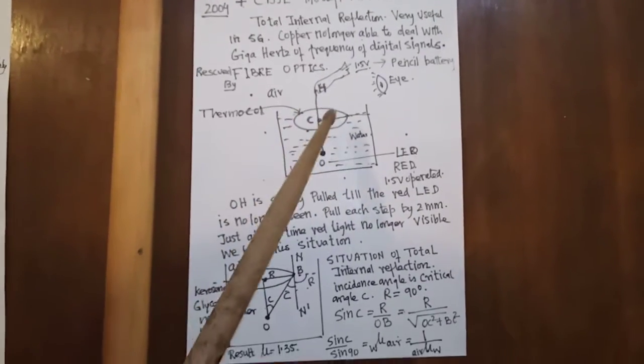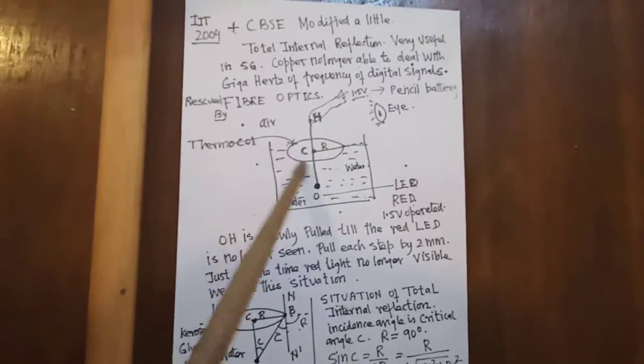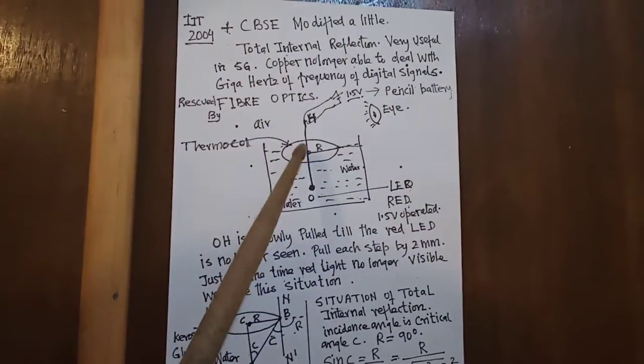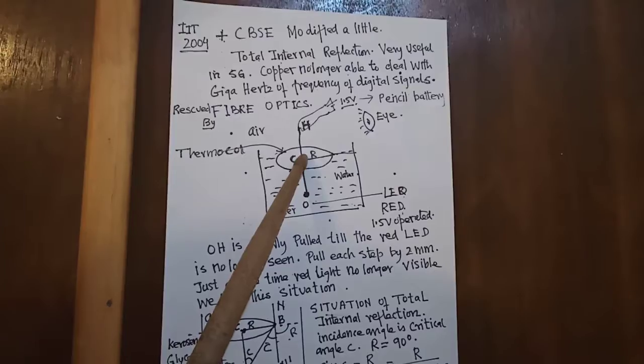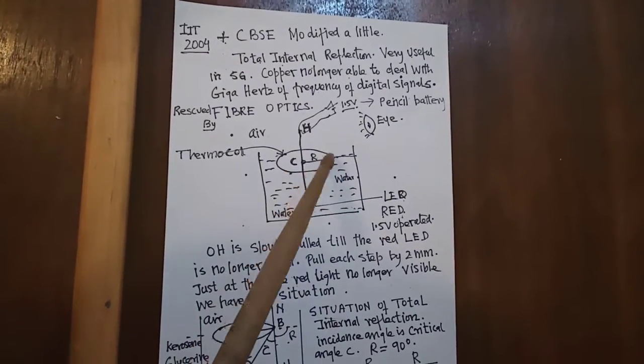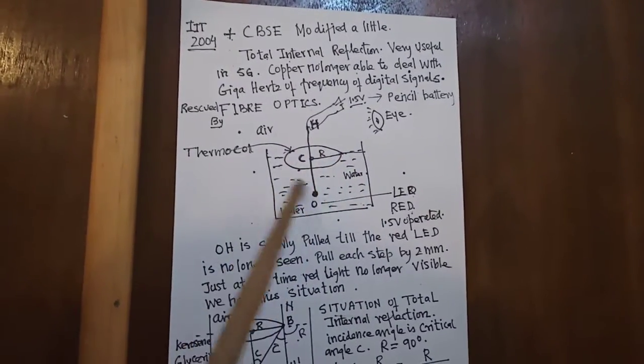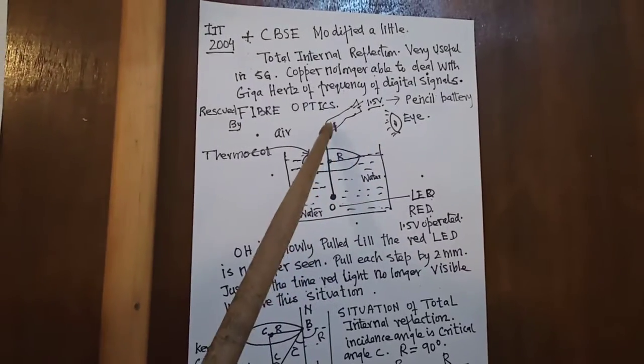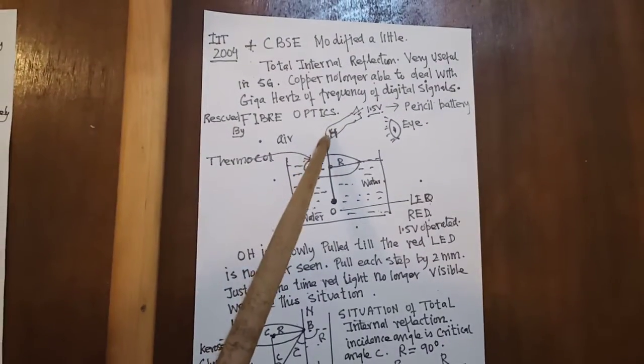So look here, this is a thermocol, and at the center of the thermocol, it may be 5 to 6 centimeter diameter, and here is a stick.